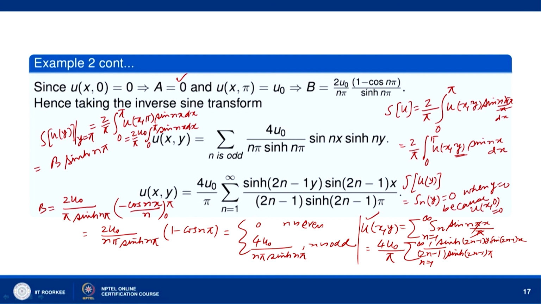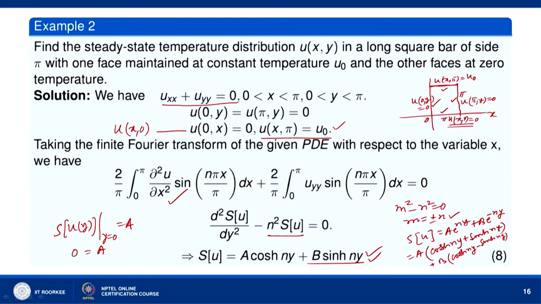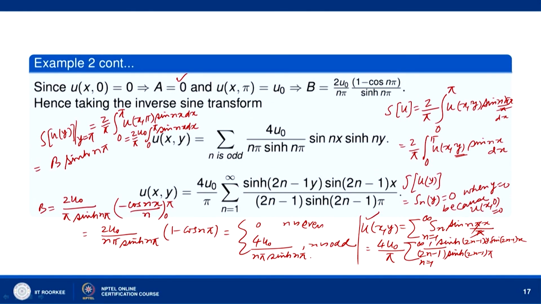That is S_n(y). In order to get the value of B, it is found from here by putting y equal to pi. Then we get the value of S_n. So, this is how we find the value of this.